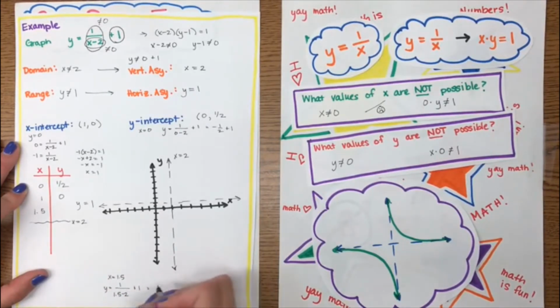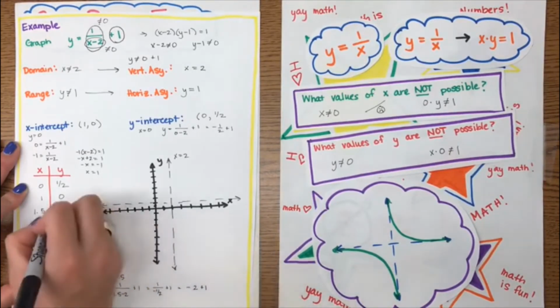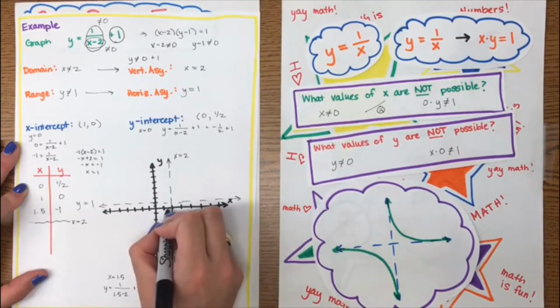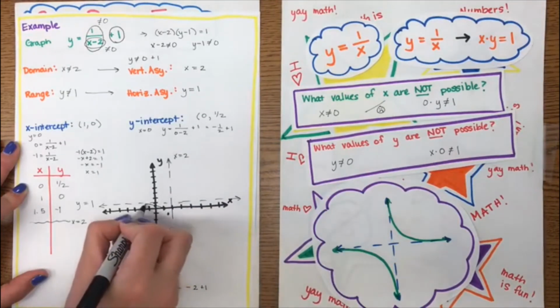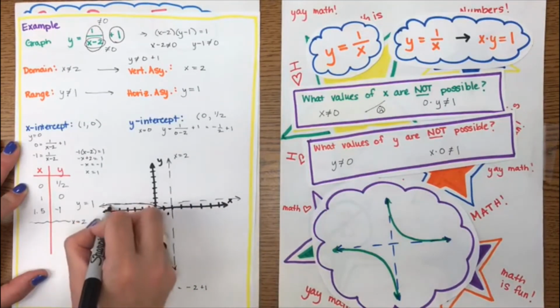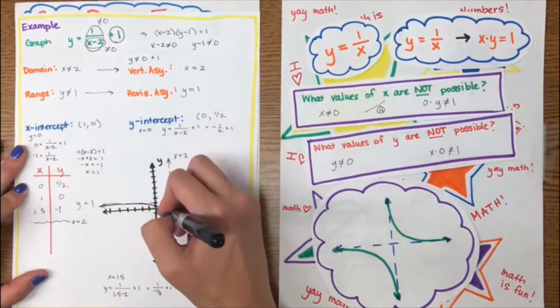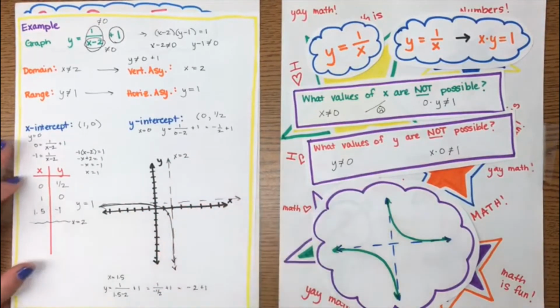That is going to be 1 over negative 1/2 plus 1. This is going to be negative 2 plus 1, or negative 1. So 1.5, negative 1. My graph is curving here to approach this asymptote from below. It's not going to cross, it's just going to approach that asymptote there.